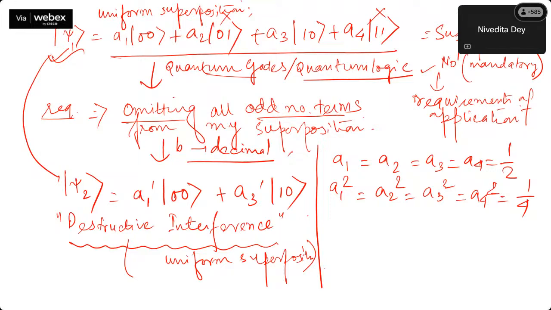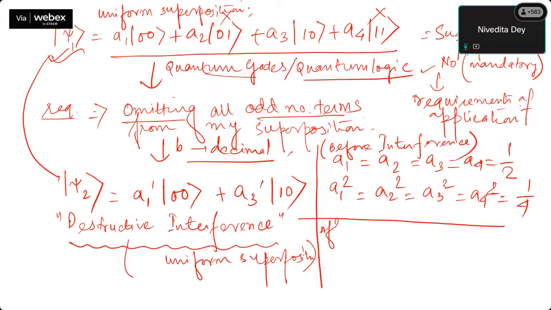What does it mean? So this was before interference. So after interference, what will happen? After interference, it will be A1 dash square, because now also it has to be psi 2.